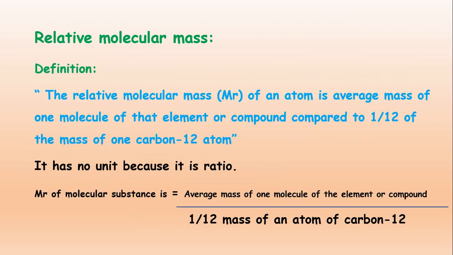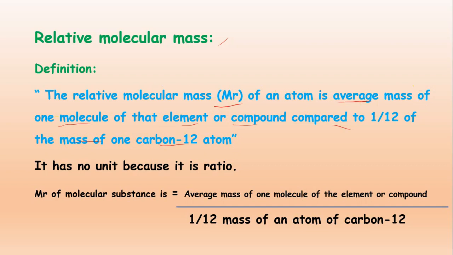Now we are discussing another important topic: what about relative molecular mass? Relative molecular mass, Mr, is the average mass of one molecule of that element or compound, compared with 1/12 of the mass of one carbon-12 atom.